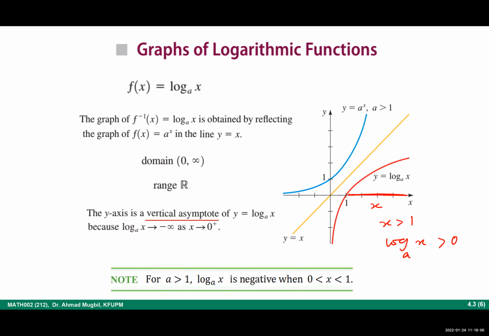But look here, when x is between 0 and 1, less than 1 but of course greater than 0, it cannot be less than 0, the graph is below the x-axis, so log a of x is less than 0, and I have mentioned this fact here.